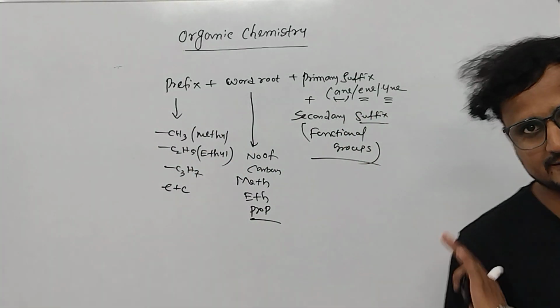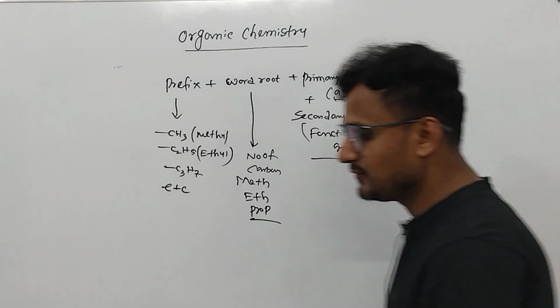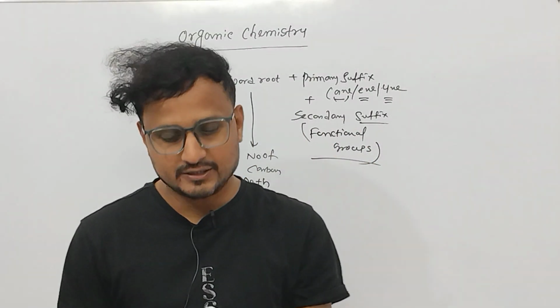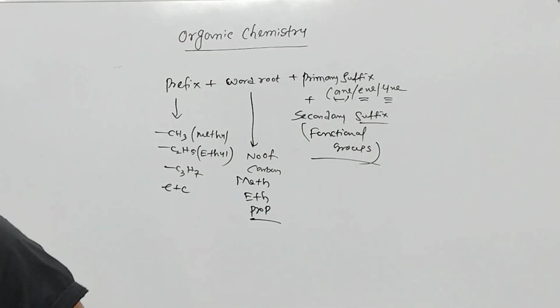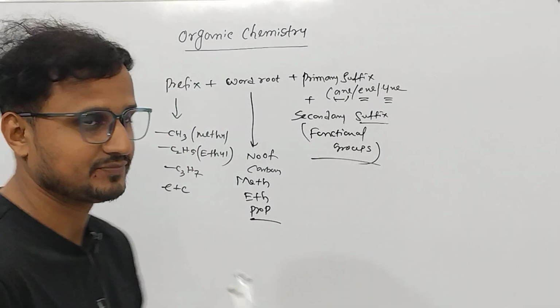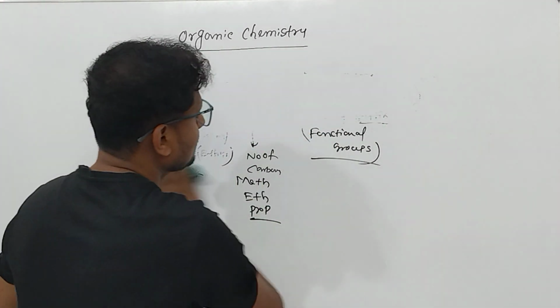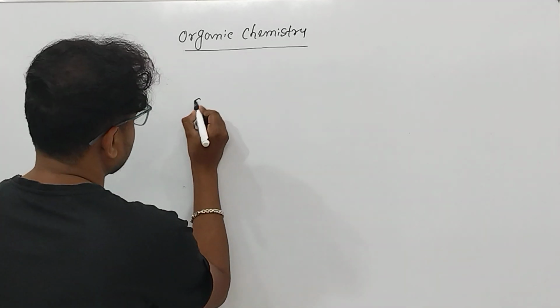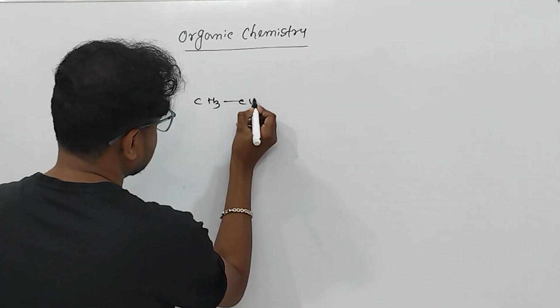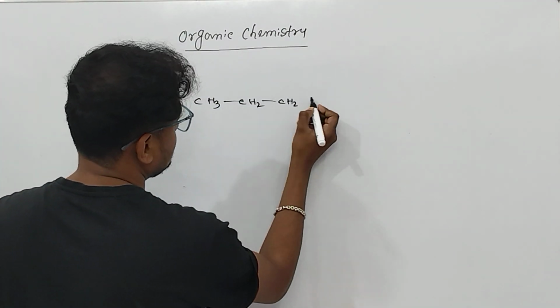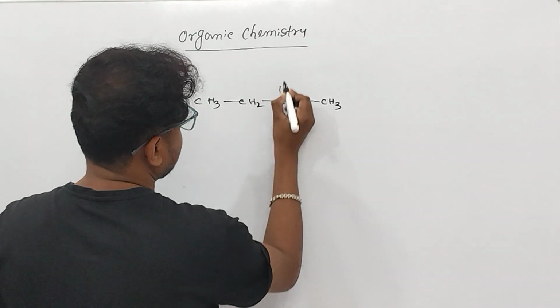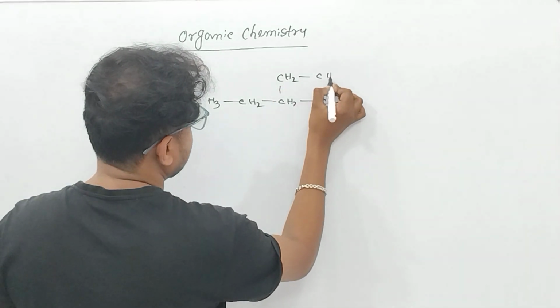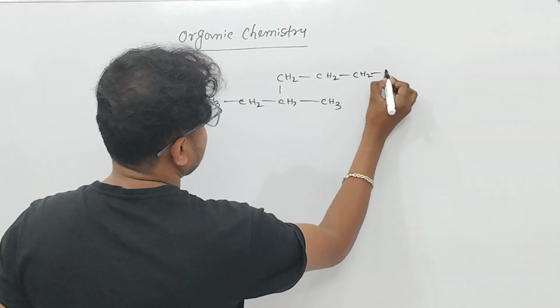Okay, now, if a carbon chain is given, the first rule is to find out the longest carbon chain. Suppose a compound is given like this: CH3, CH2, CH2, CH3, CH2, CH2, CH2, CH3.